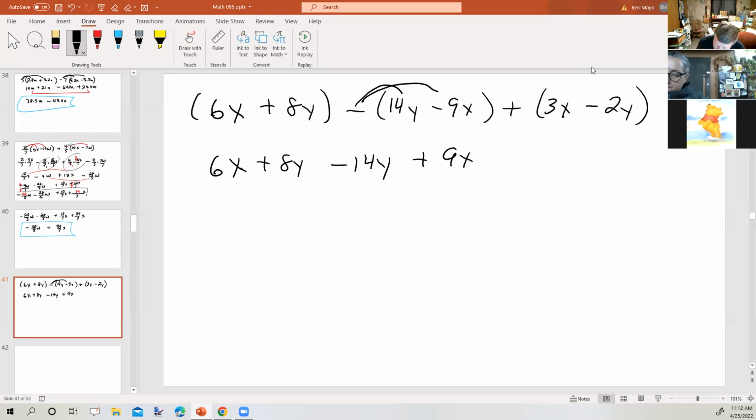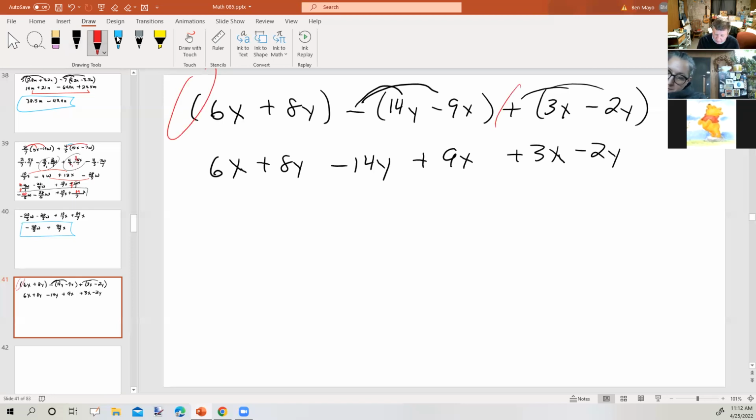And then having a plus sign in front, distributing that, it's like distributing a 1. So we get what's inside again. Okay. So having nothing in front or a plus sign in front, you just bring down what's inside. Having a subtraction sign, that changes the sign of everything inside the parentheses.